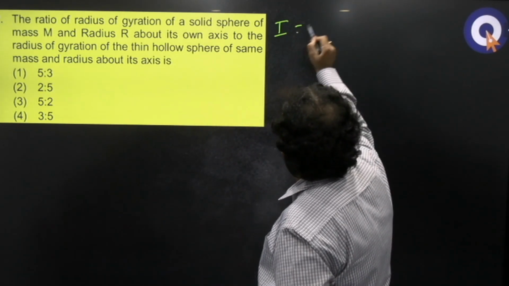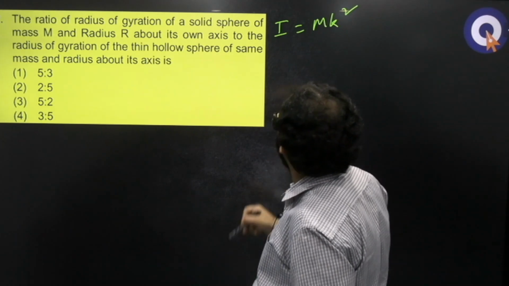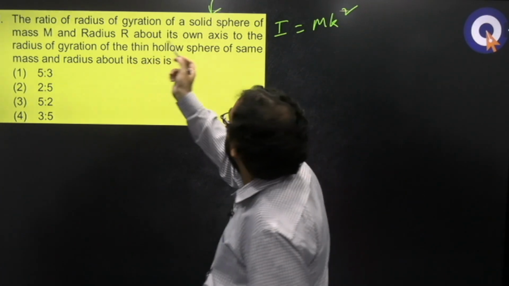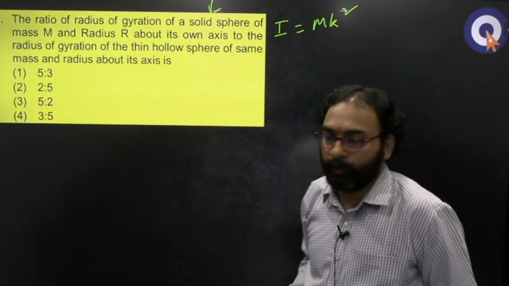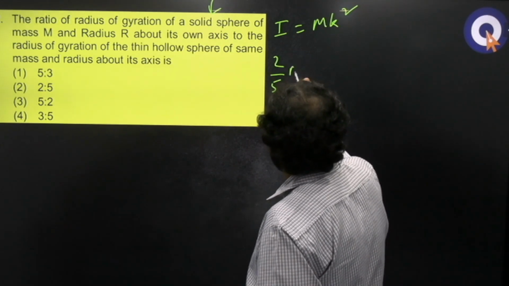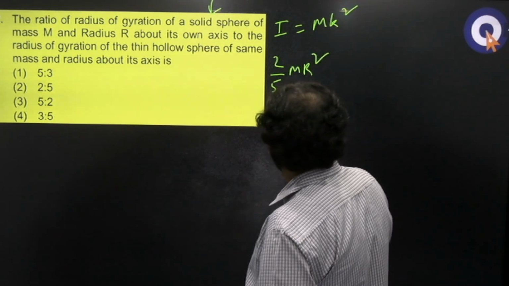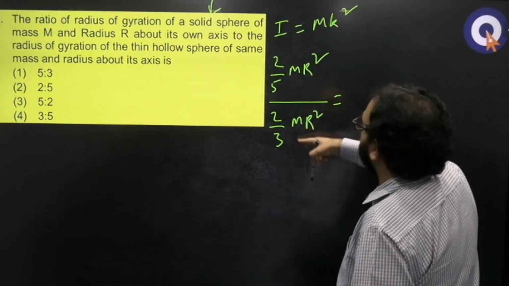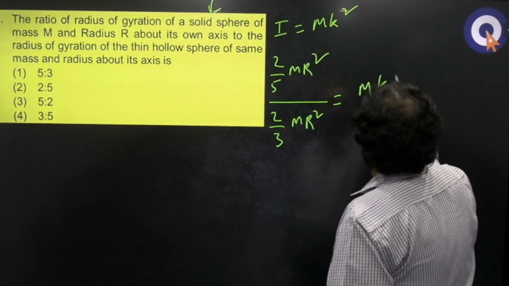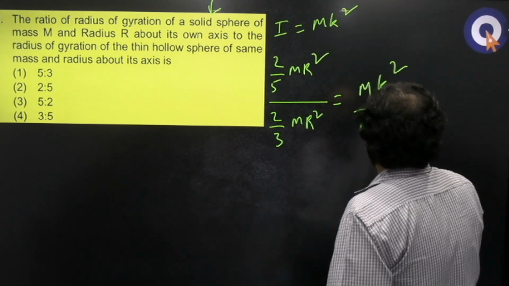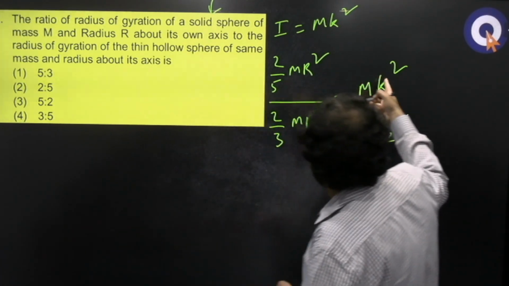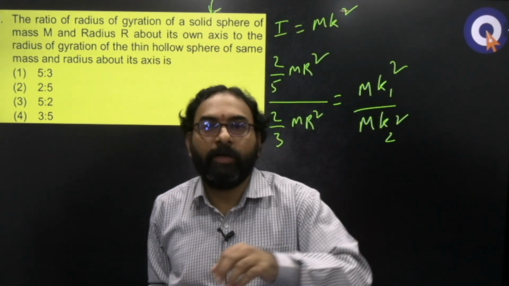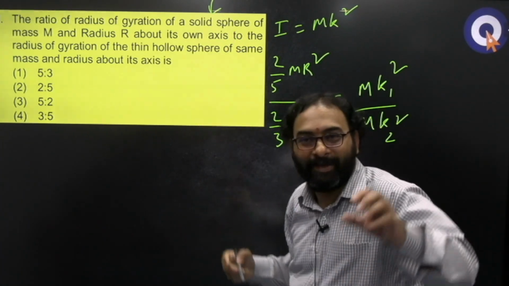Simply, moment of inertia is m k square. For the solid sphere, it is 2/5 m r square, and for the hollow sphere it is 2/3 m r square. The moment of inertia ratio is equal to m k1 square by m k2 square, where k1 is the radius of gyration of the solid sphere and k2 is the radius of gyration of the thin hollow sphere.